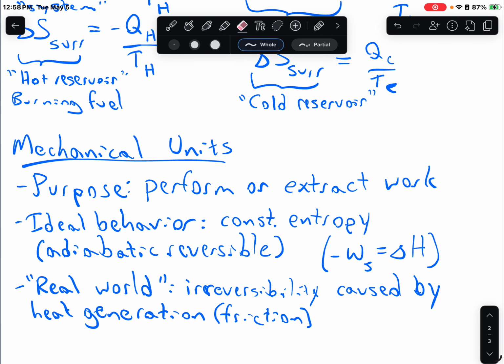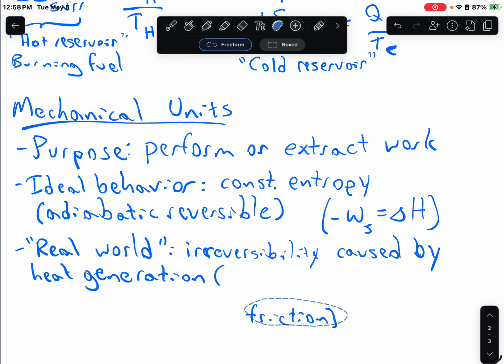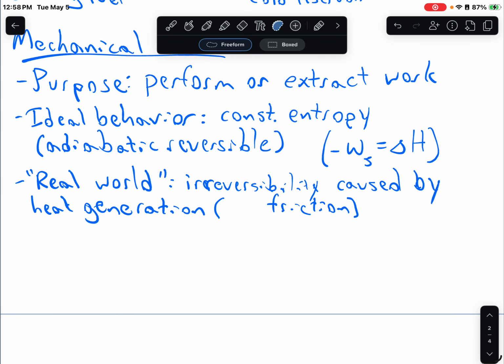I think I'm going to put an EG there just in case there are other ways of generating heat. I don't think there are in this kind of unit. Or heat exchange. Say it takes too long for the fluid to go through the pump or the turbine, and so it may exchange heat with the atmosphere.